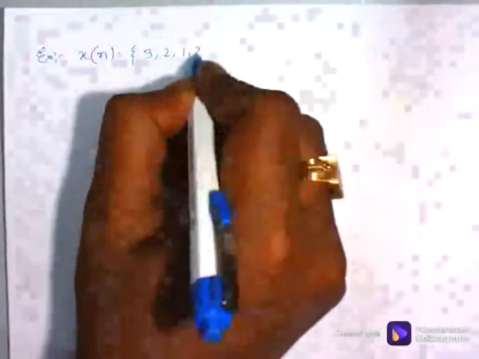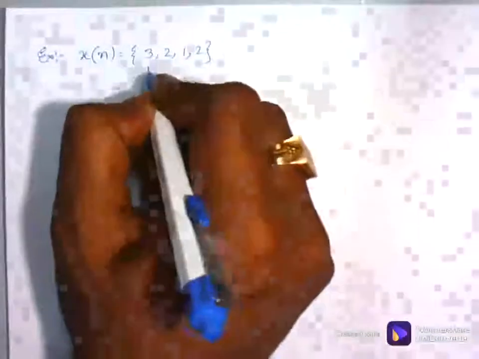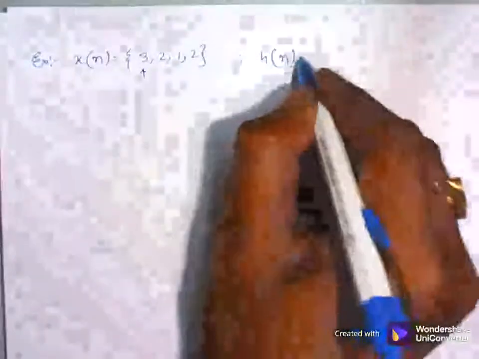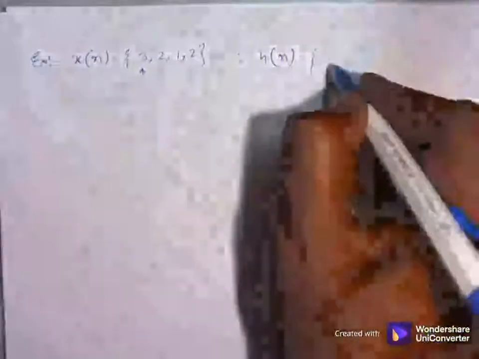Suppose it is given x of n equal to 3, 2, 1, 2, and h of n equal to 1, 2, 1, 2.